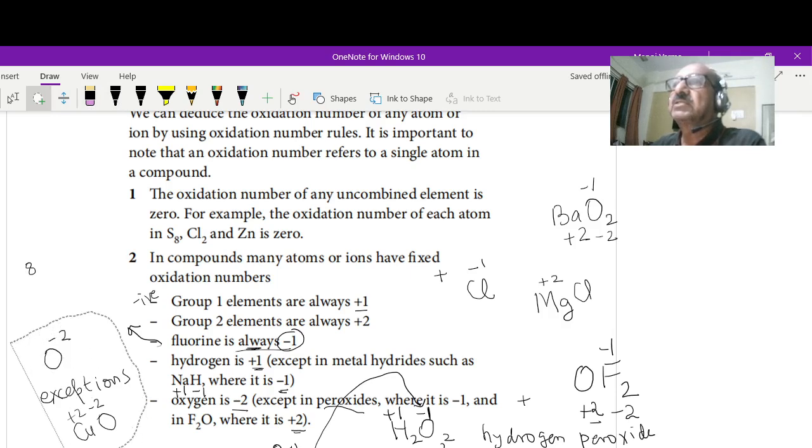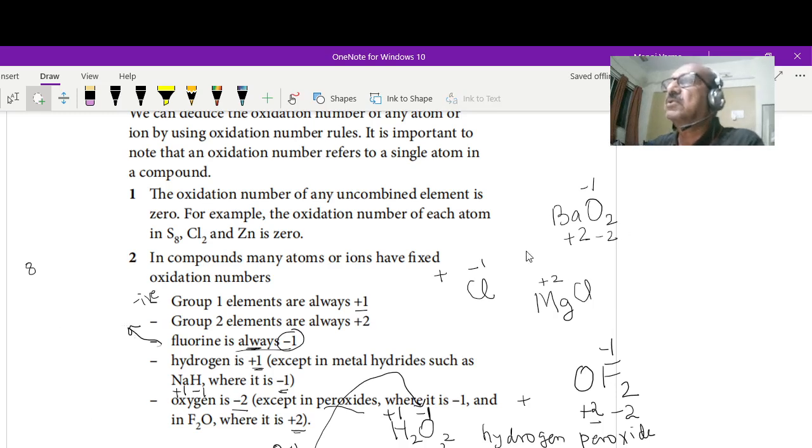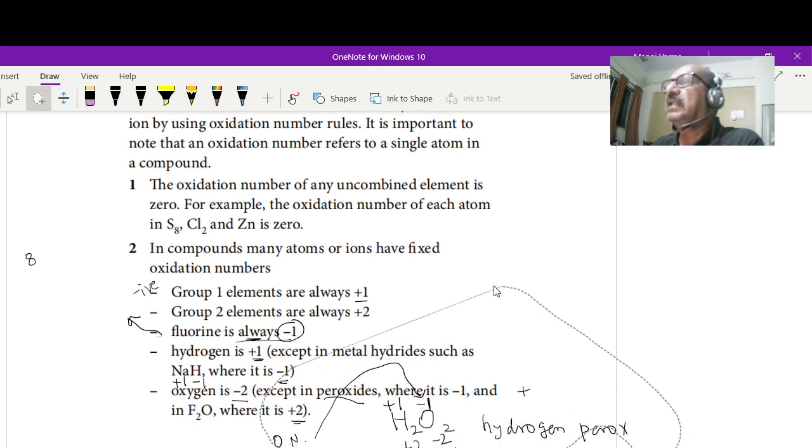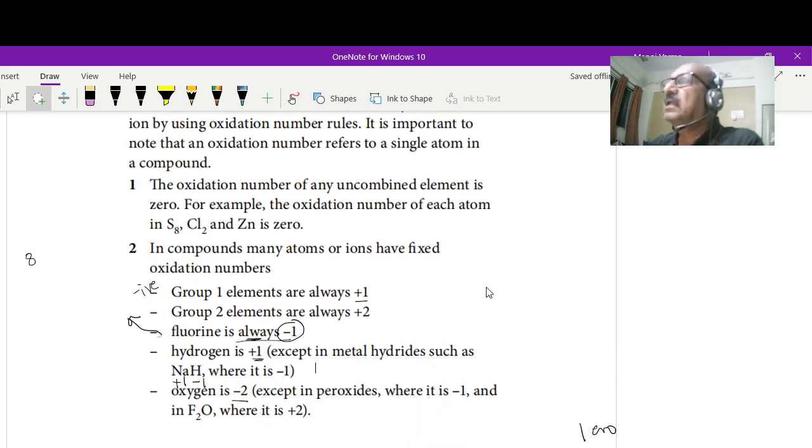Just think about these examples, go through the rules, and see whether you really understand them. Then we will see some other rules, and how we apply those various rules. Okay, let's go to the next slide.